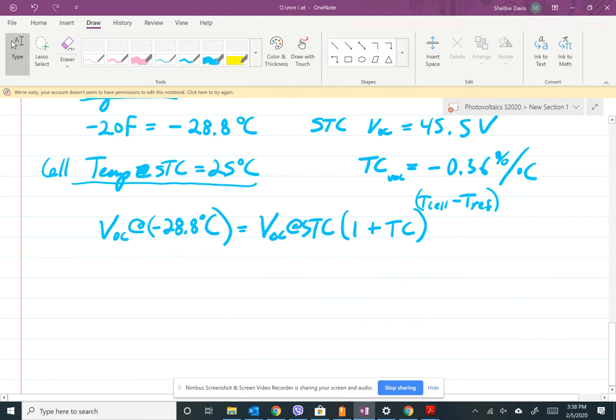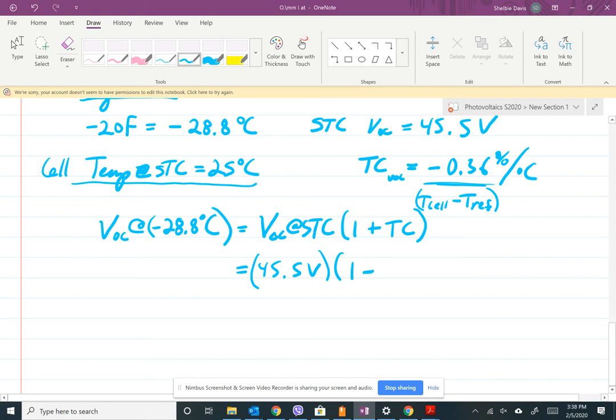So if I fill that in, it's going to be VOC at STC, so that's 45.5 volts times 1. And notice that this temperature coefficient is negative. It's also a percentage. So guess what?